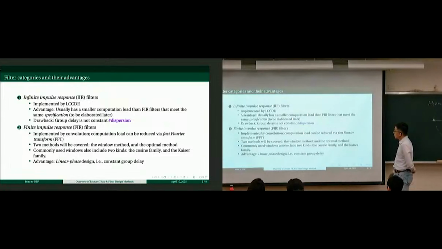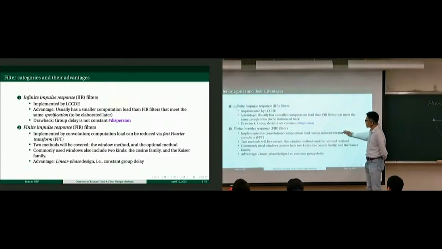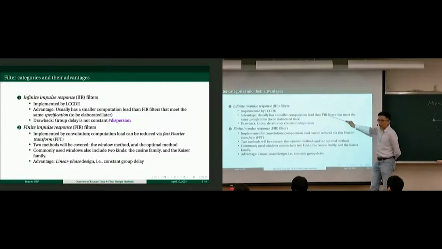So the debate goes on, whether or not which one is more computationally efficient. It's not a straightforward question to answer. It's not that easy to answer. But without FFT, usually IIR is more computationally efficient than FIR.